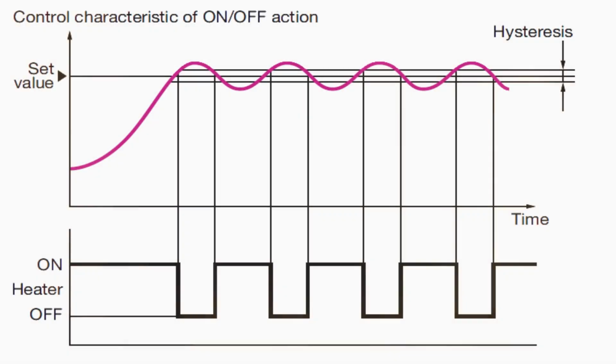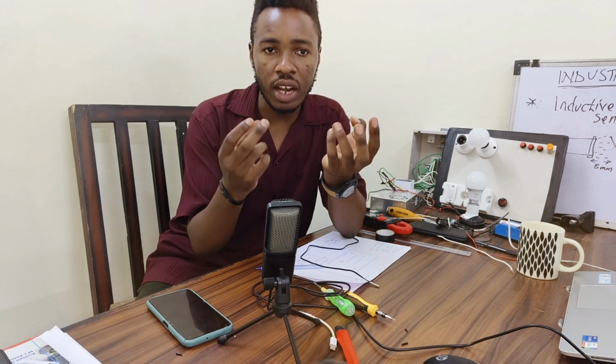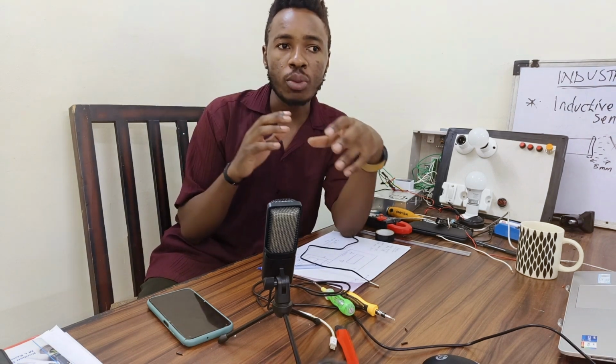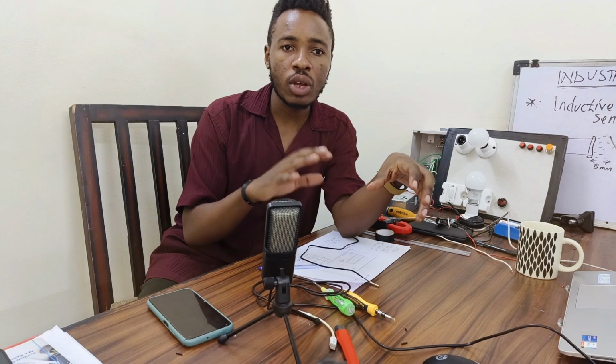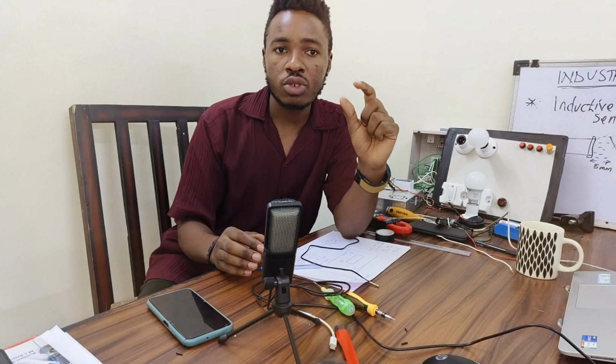Otherwise, whenever it is at 30 it comes on, and whenever it is below 30 it immediately comes on. That triggering of the signal, maybe if you're using a relay or a bulb, will always be flickering. So whenever you're using automation, for example to turn a heater on or off, you always give a bandwidth of maybe 2 degrees.